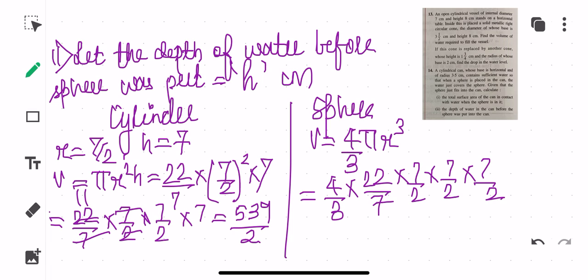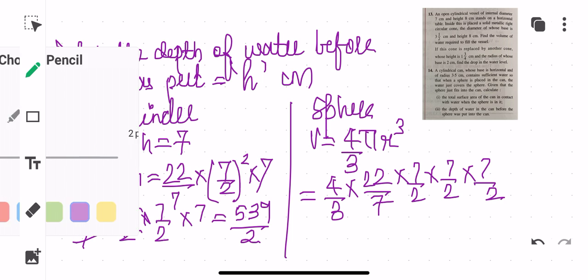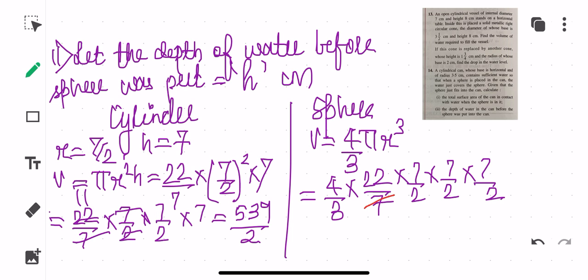Now this 7 is getting cancelled, this 2 is getting cancelled by 4, and there we are getting 11. So here also we are getting 49 into 11, that is 539. In the denominator we are having 3, so this is 539 divided by 3.